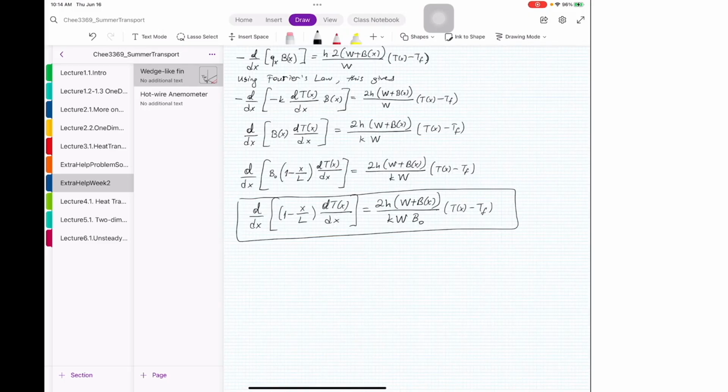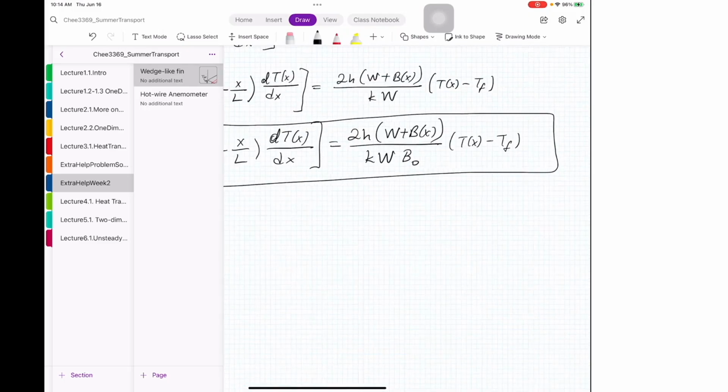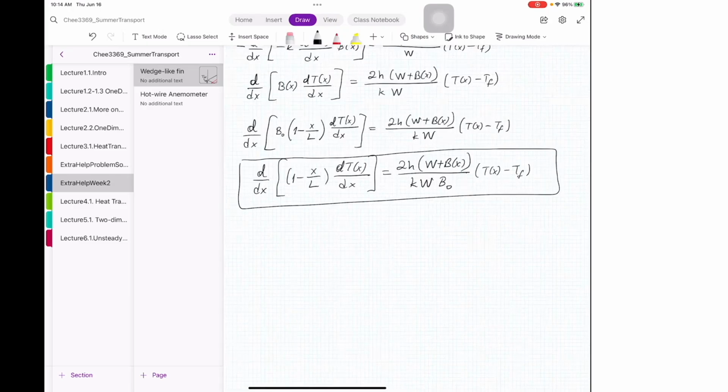And we need to list the boundary conditions. It's not an easy task to solve this equation, so we're just going to leave it there, as the problem statement suggests. And let's list all the boundary conditions.